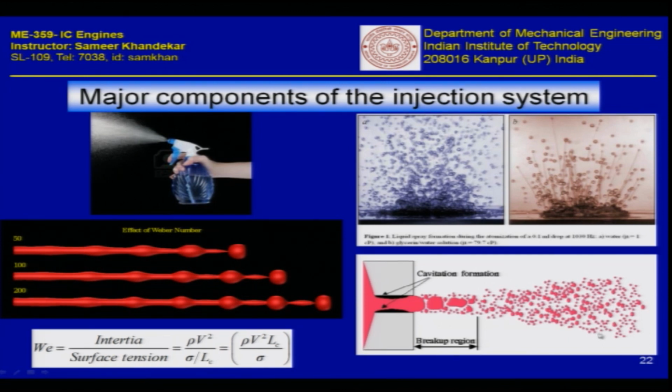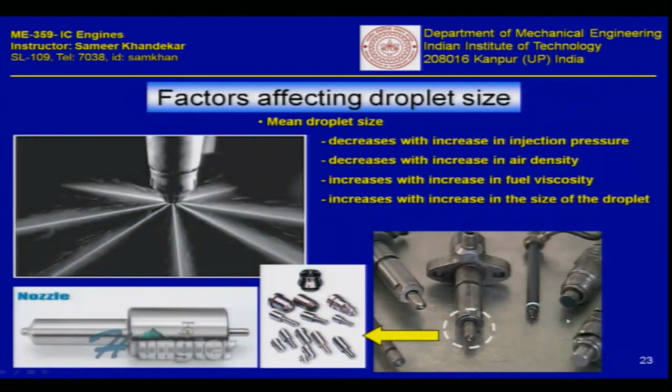Otherwise, if the droplets are big enough, then the combustion reaction will be limited by the availability of oxygen close to the internal volumes of the liquid, which we do not want. So, therefore, we want to break it up into small pieces, so that a nice reaction can occur and the combustion efficiency will increase. So, here you see the factors which affect droplet size.